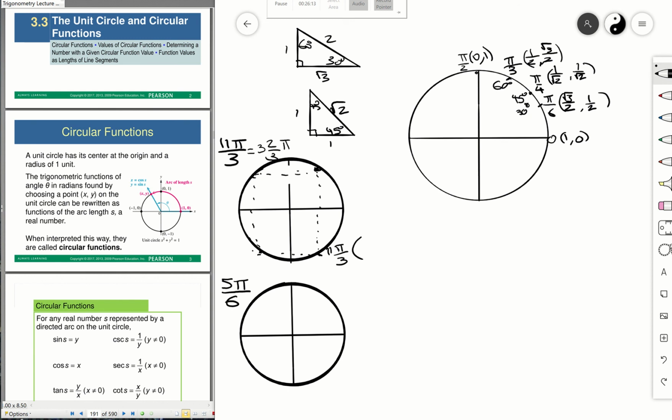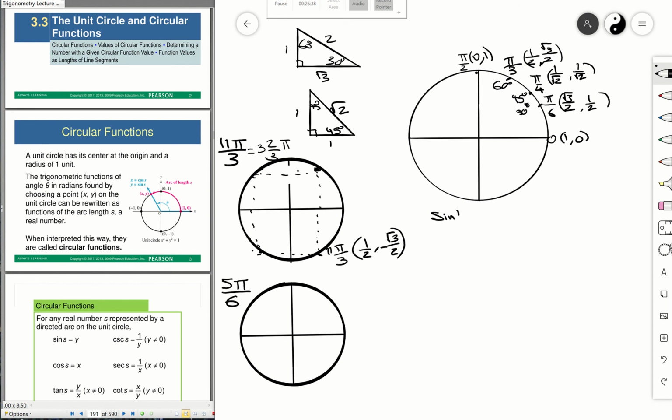So as we can see, the x value is going to be the same, so it remains positive 1/2. And the y value in this quadrant is negative, so that's going to be negative square root of 3 over 2. So now we can write all the 6 function values easily.